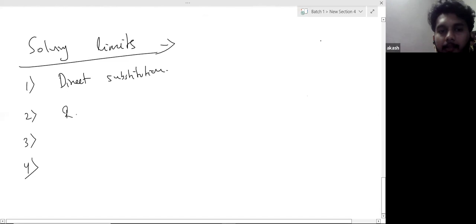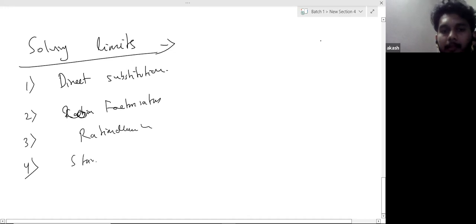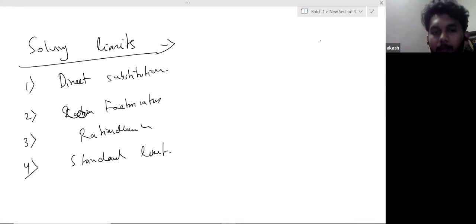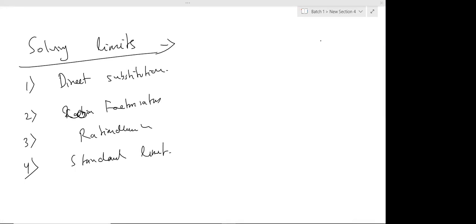Then first we will be solving factorization, then rationalization, then standard limits. Write it down: four ways we'll be solving questions from limits: direct substitution, factorization, rationalization and standard limits. These are the methods.